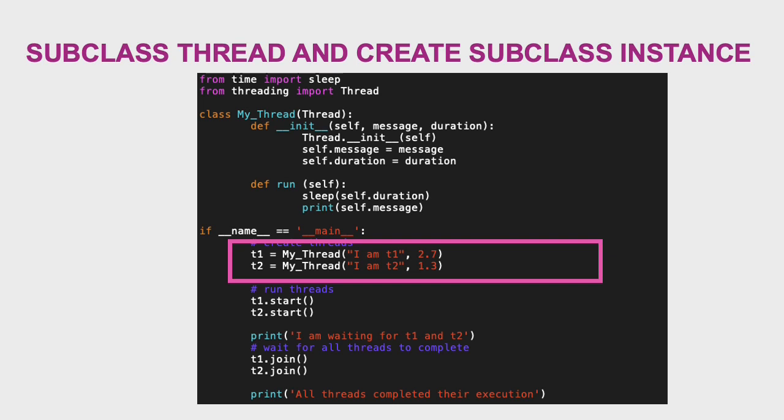Let me note that, as usual, it's important to have some variable which is in charge of enabling us the interaction with the object. So we create the instance and we assign it to some variable. The first thread is assigned to T1 and the second to T2. Very simple.